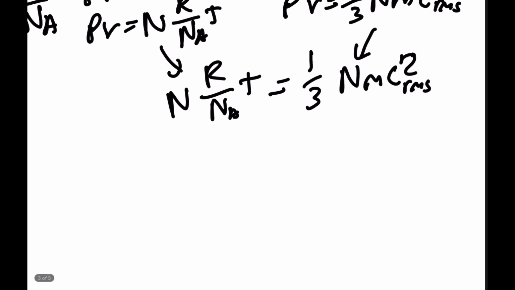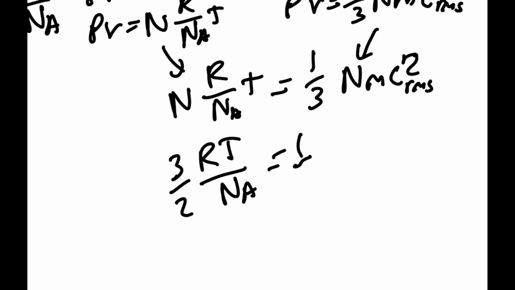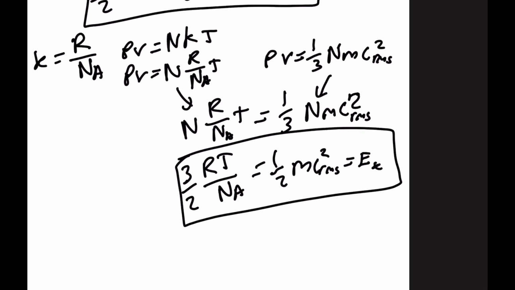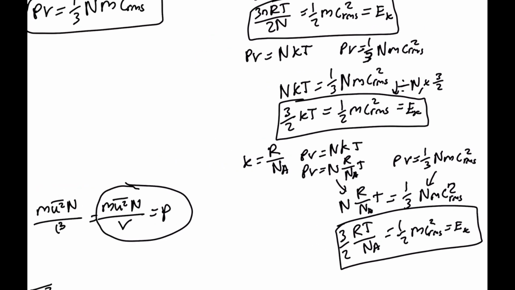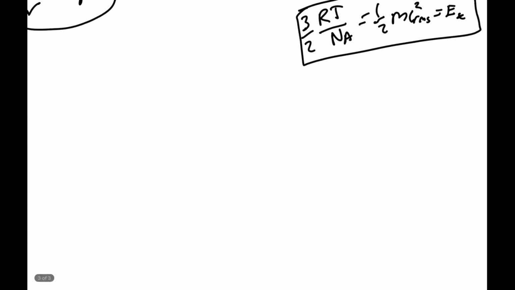And we can rearrange the equation to get similar to before. Take away Ns on both sides, RT/N_A, and then times 3/2, and we'll get a half m c_rms squared, just like before, which is equal to average kinetic energy. And here we have another equation. So we have three equations that we just found using the derivation and the ideal gas equations in their different forms.